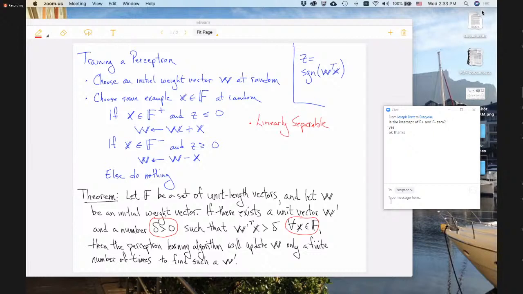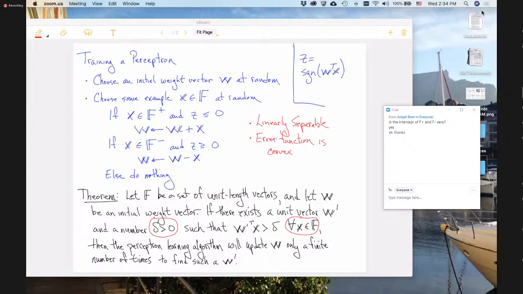All right, so we have linear separability as a key precondition for this to converge. Why is that the case? Because if you think about the error function associated with this particular problem, what we find is that that function is actually convex.